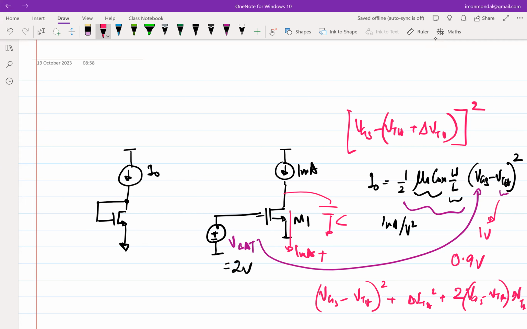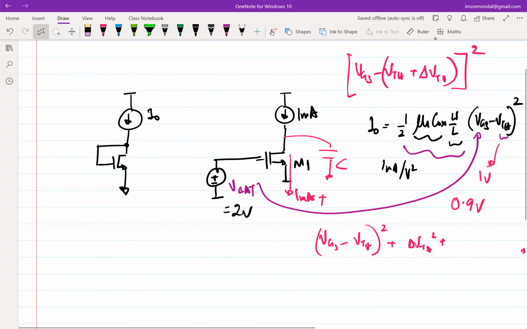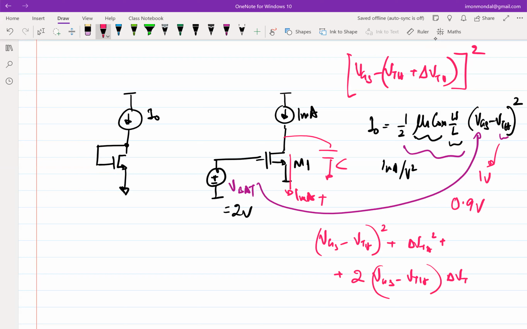Correct? And all these guys are multiplied by half mu n C ox W by L.